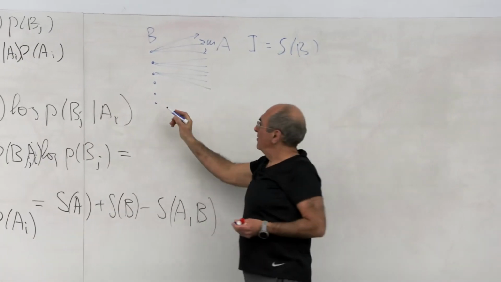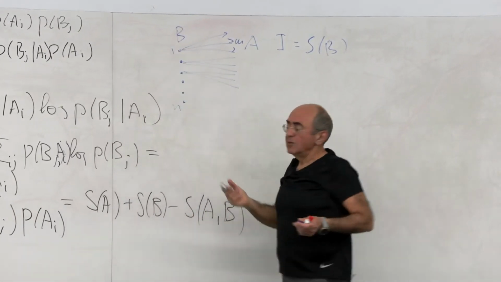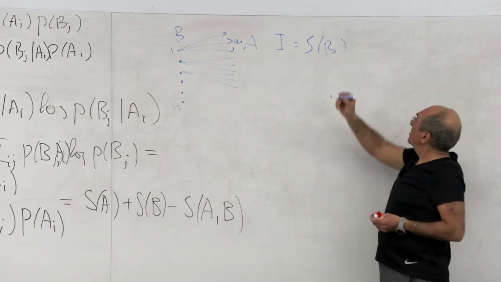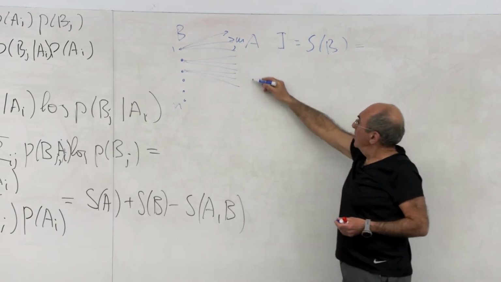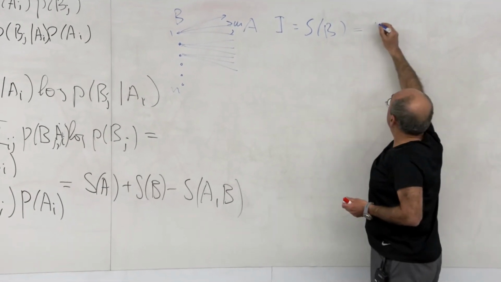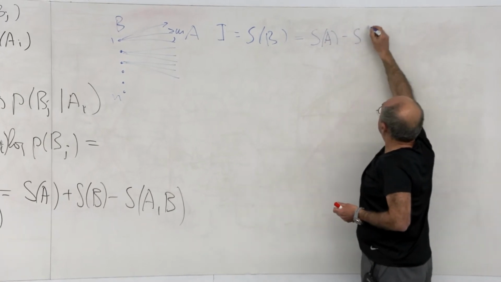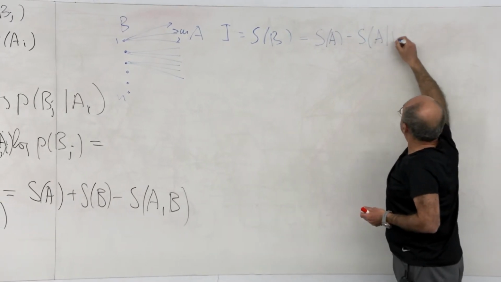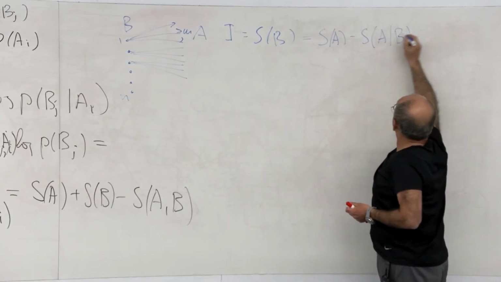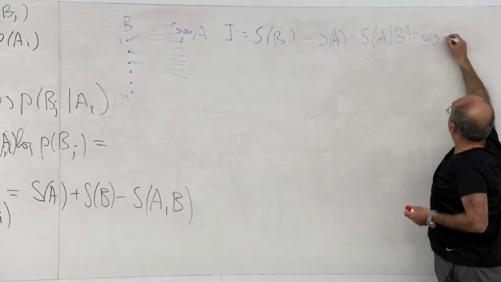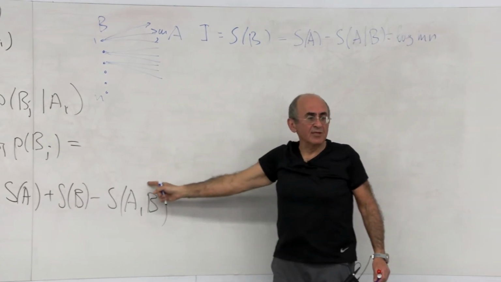Which is, if I have here n values from 1 to n, on the other hand, I may say that this is the entropy of A minus entropy of A under the given B. But this is log of mn. That's that many values of A I have, right?